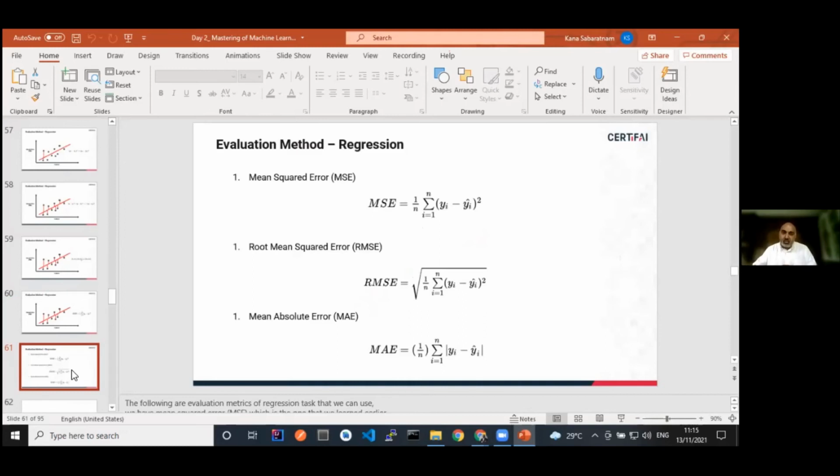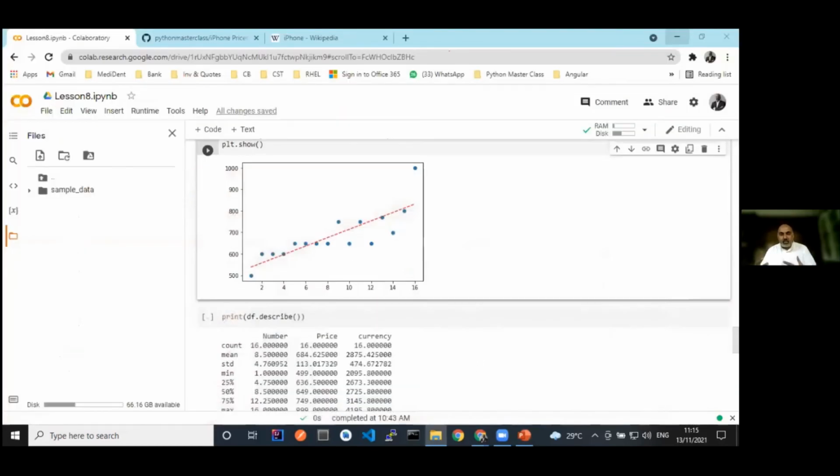Specifically for regression, we have mean squared error, root mean squared error, and mean absolute error. That is why this class is really fun for those who love mathematics. So I hope you understand.